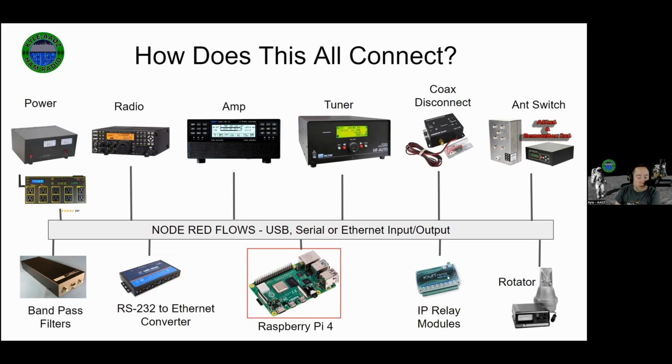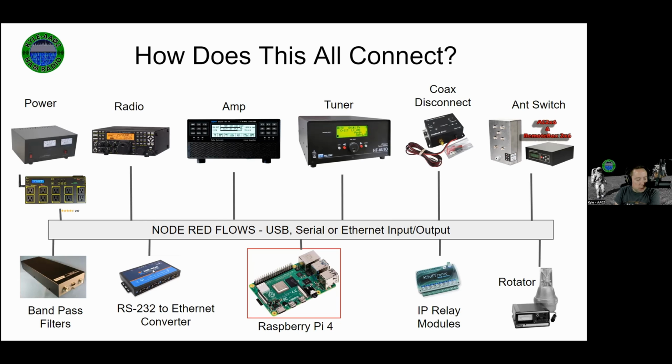This KM-Tronics board is really great. It's got 8 relays, and you plug in an Ethernet port, and all of these relays are controlled by Ethernet. So if you've got something that you want to control via relay, this KM-Tronics is a great device.